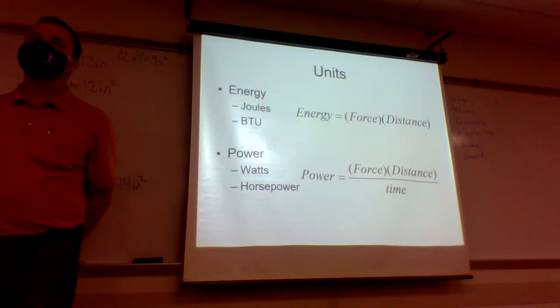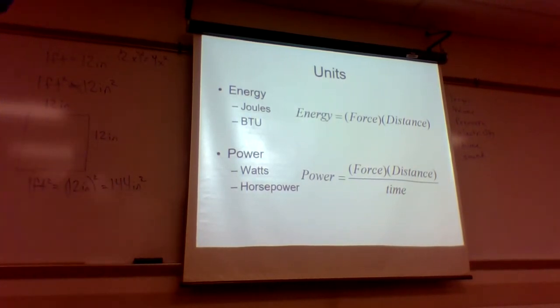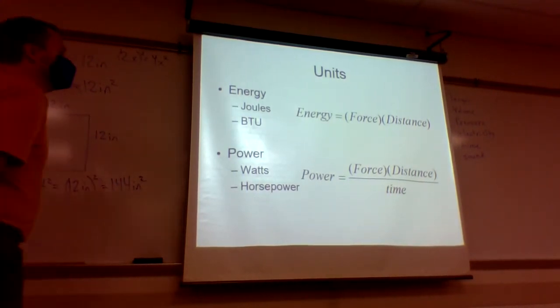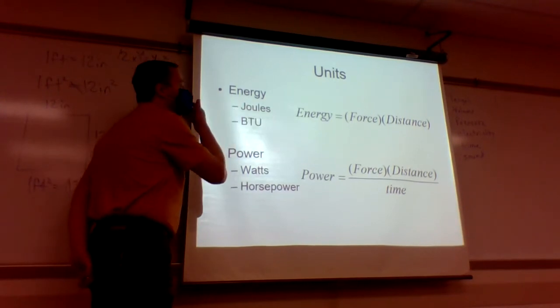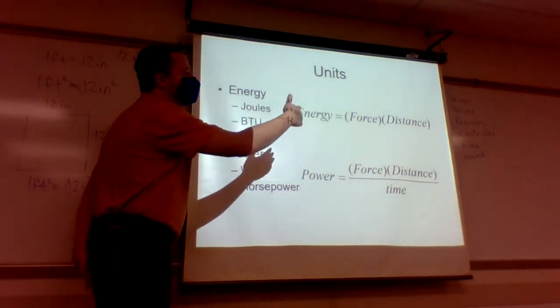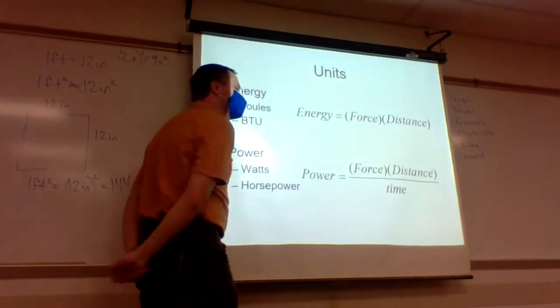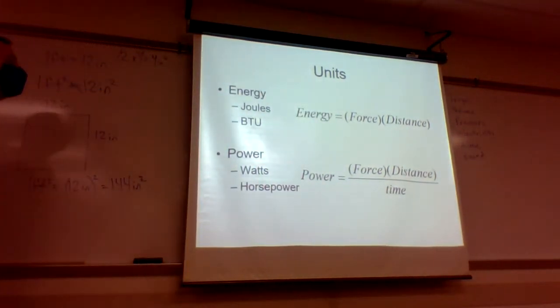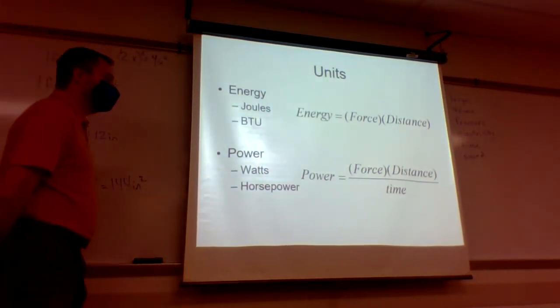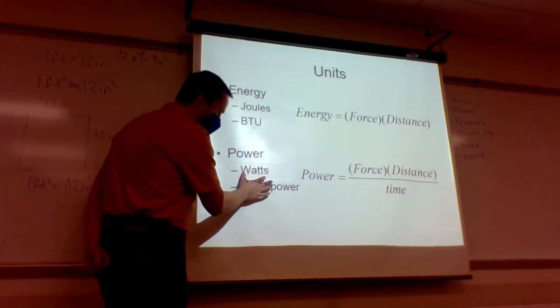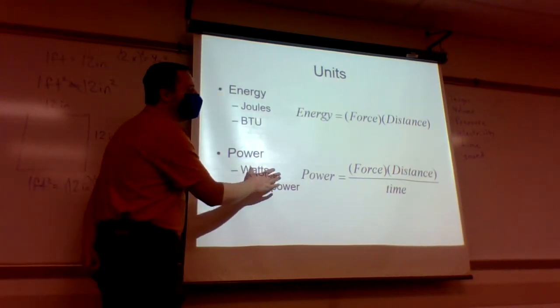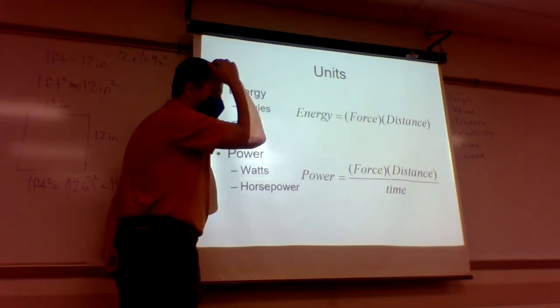It's energy per time. Okay? So the joule is the SI unit of energy. That's 1 joule is a Newton meter. Right? The watt, again, power. Watt is a unit of power. Power is an energy rate.